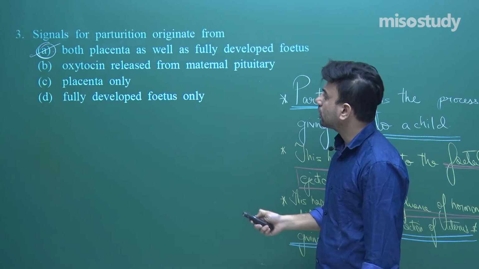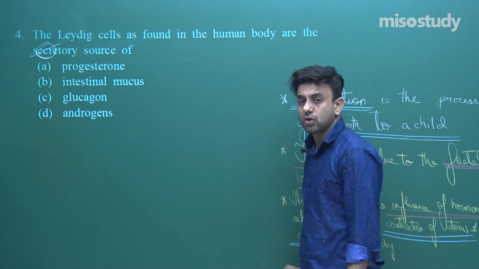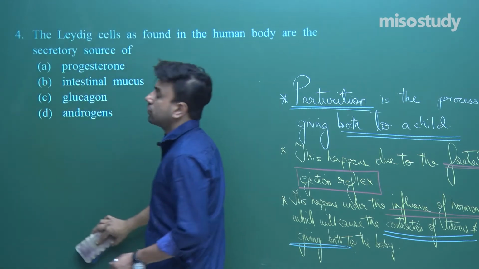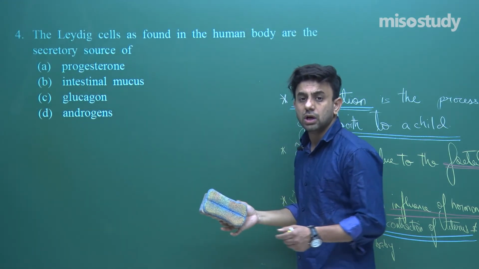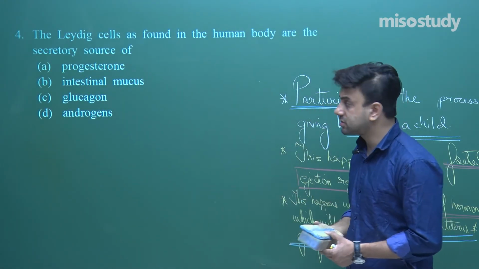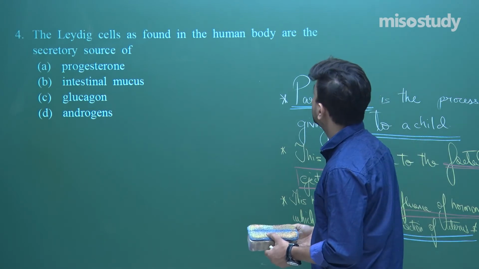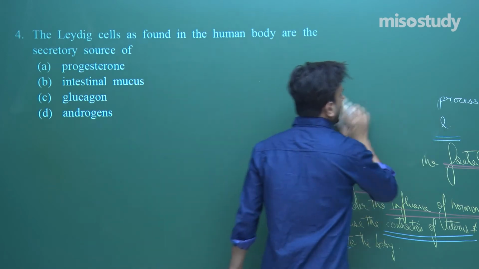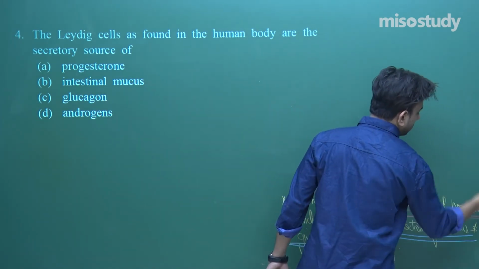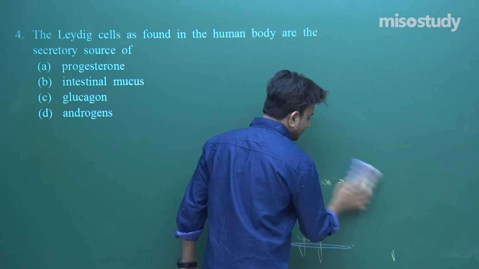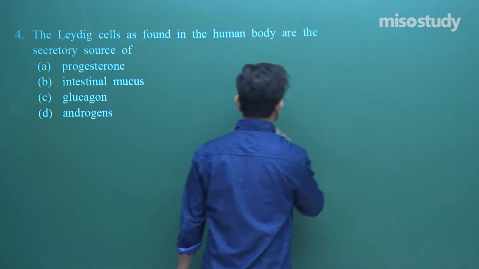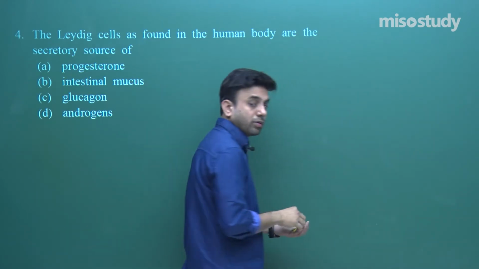Okay. The Leydig cells, which are also called as the interstitial cells, right, which are found in between the seminiferous tubules in the human body are the secretory source of what? Right.